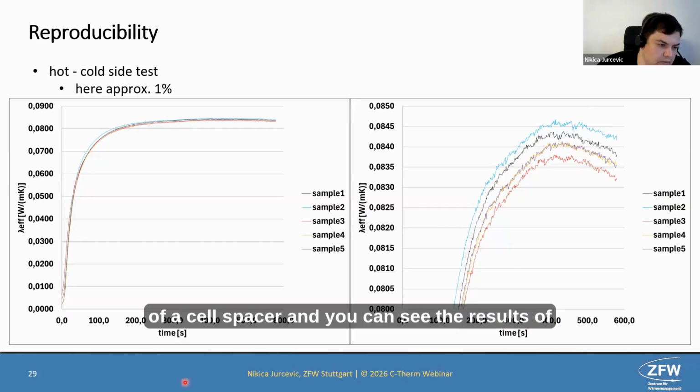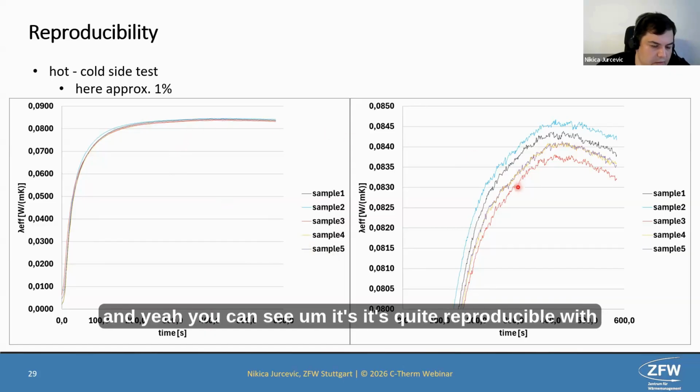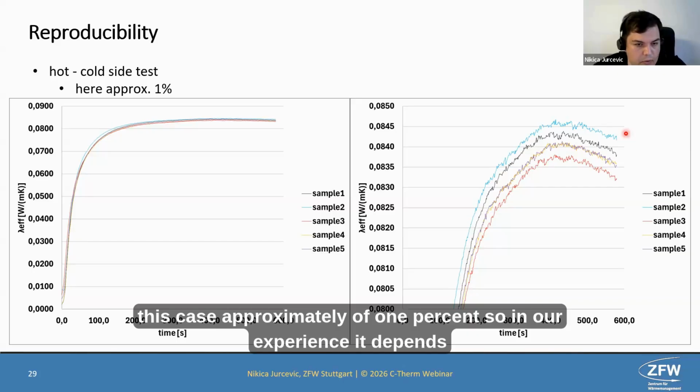And here you can see the results of this kind of hot cold sand tests with 5 individual samples. And you can see it's quite reproducible. So we are here in this case at approximately 1%.